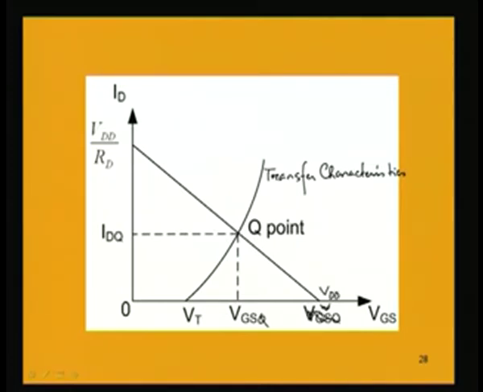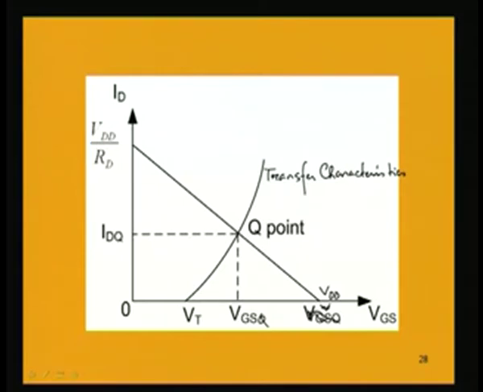So, now we have two things on the same set of axes. We have the transfer characteristic, as well as the straight line. Both are intersecting at a point which is the Q point. So, the intersecting point between the transfer characteristic and the network straight line will be giving us the Q point.